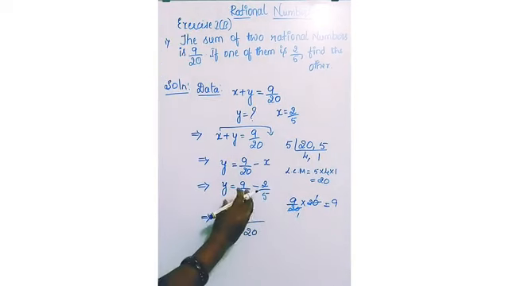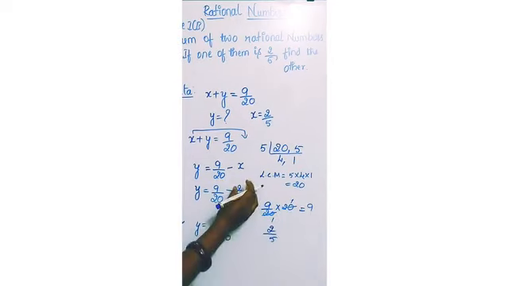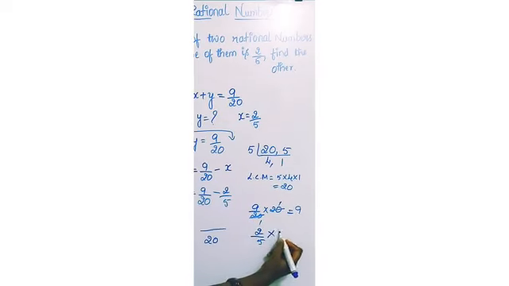So the numerator of the first rational number is 9. Now we move on to the next rational number, 2 by 5, again multiplying with the LCM. Cancel 5: 5 ones are 5, 5 fours are 20, and 2 fours are 8.